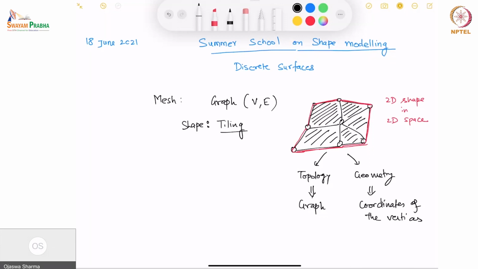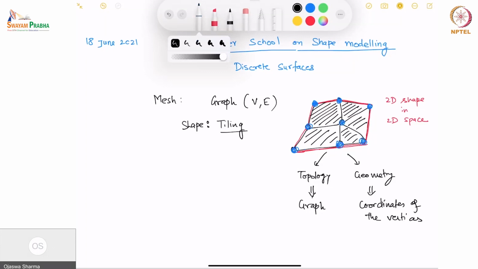So what kind of a graph is it? When I said I tile it up, I have polygons here, and these polygons are connected to each other. So I'm just drawing it in between the vertices here, and there is some connectivity information which is stored here.